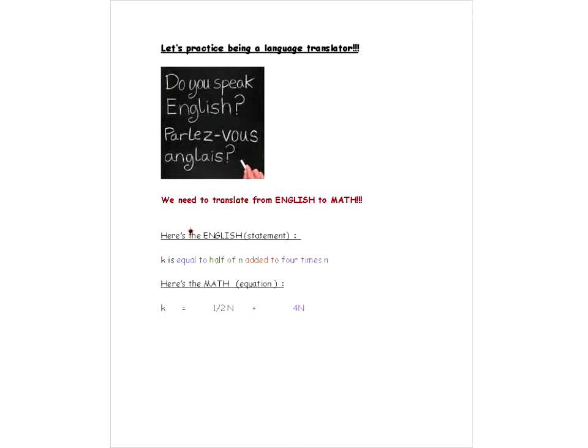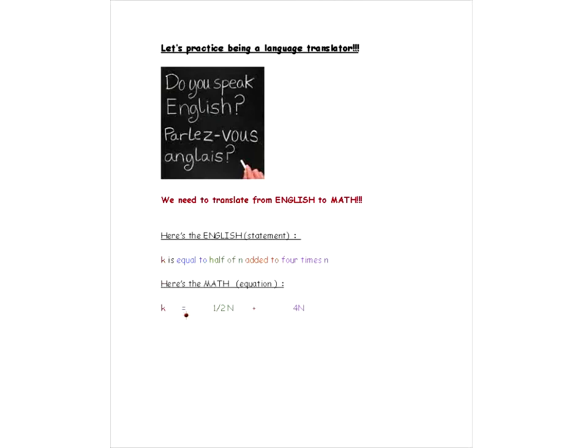So anyways, what we're doing at this point is going from English statements, so in other words, math in words, into math in symbols. So for instance, if you had this English statement, k is equal to half of n added to 4 times n, you can see that I've kind of matched up the words, or rather letters I should say, using certain colors.